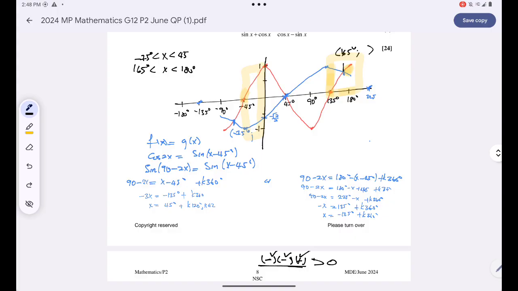Actually it's not between negative 45 and 0, but just between negative 45 and positive 45. If you can check properly there, guys. Why? Because from negative 45 to positive 45. No, this is correct.